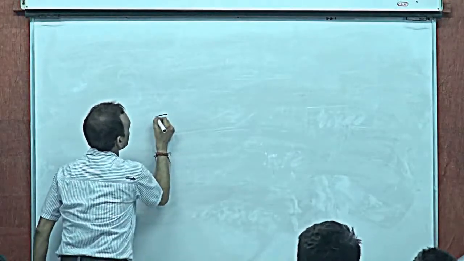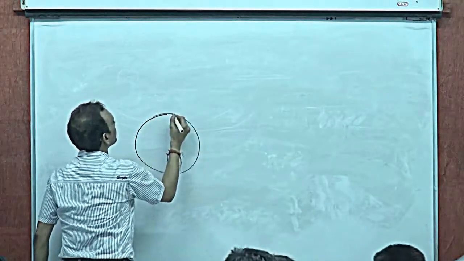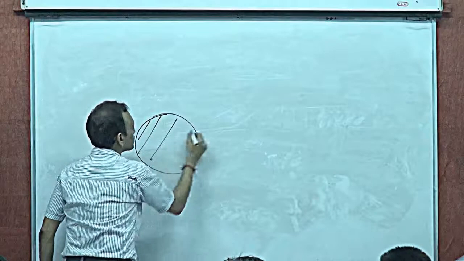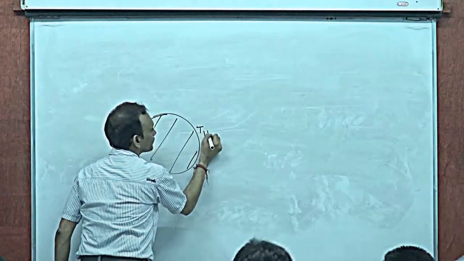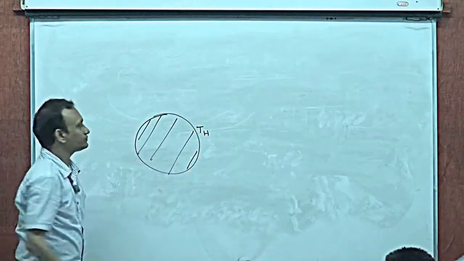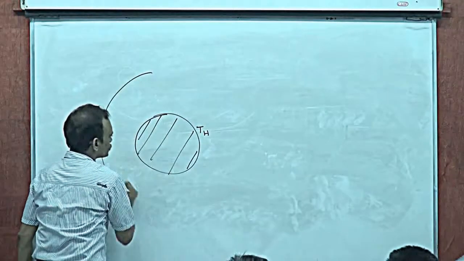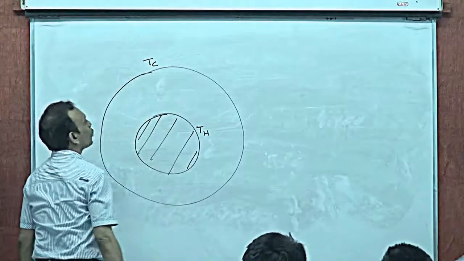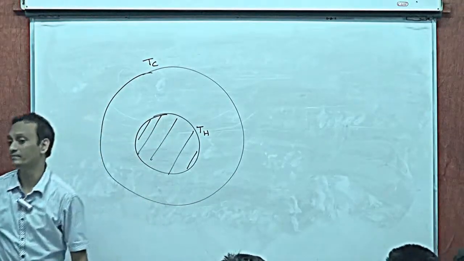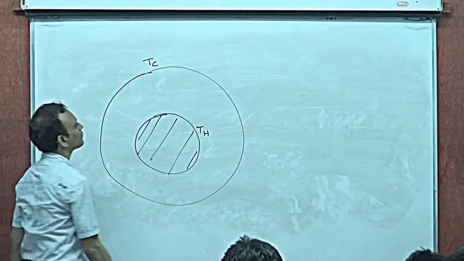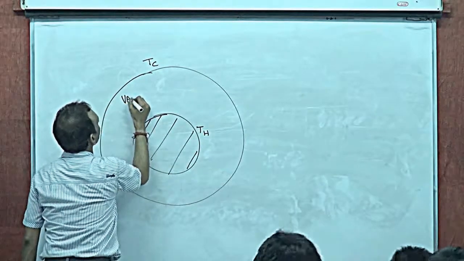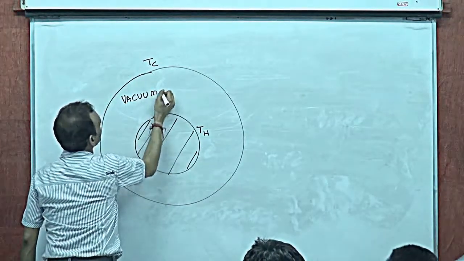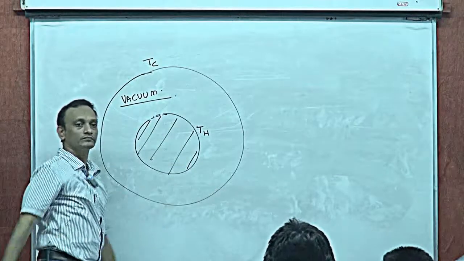However, you'll find, let's say, that if there is this hot surface, TH, right, and in an enclosure, which is a cooled enclosure, temperature Tc, right, and there was vacuum here.